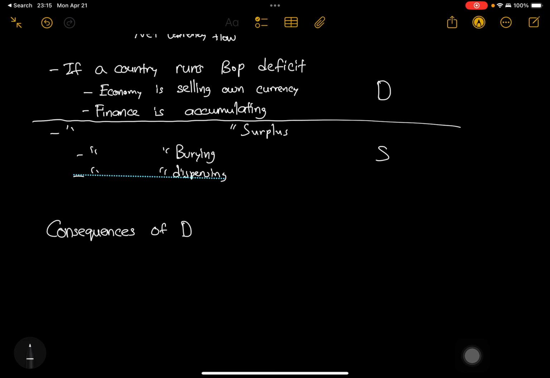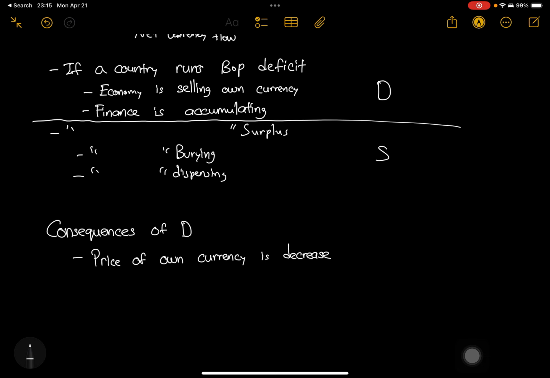Consequences of D are that finance is accumulating your own currency. Therefore, the price is decreasing. And the reason for this is you can think of it as a supply and demand argument. Because finance is accumulating your currency, there's more supply, so therefore the price decreases.